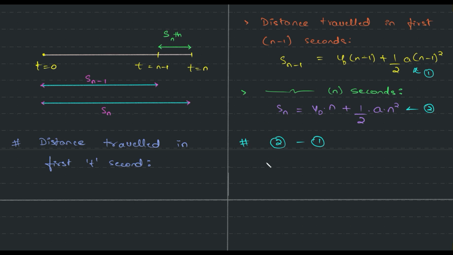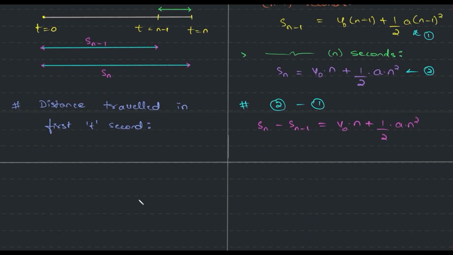If we do that, we'll end up with Sn minus 1, which is equal to v naught n plus half a n square minus of v naught n minus 1 plus half a n minus 1 square.